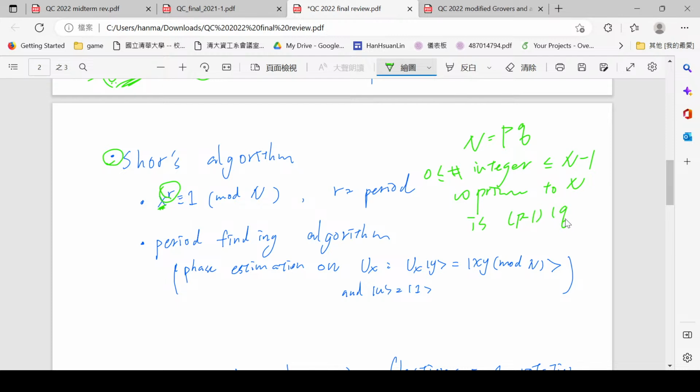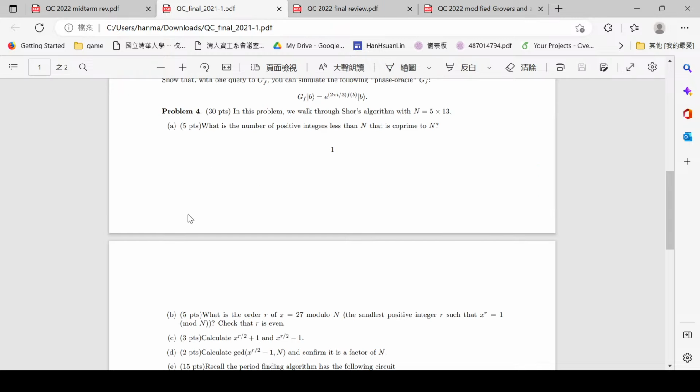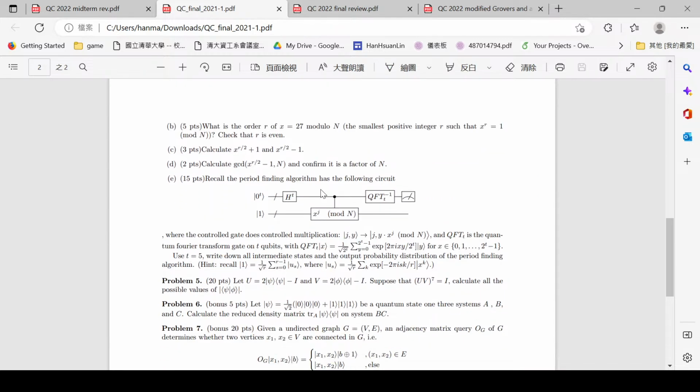We spent quite a bit of time arguing this, and although it's not directly related to Shor's algorithm, it's an interesting thing that is nice to remember.